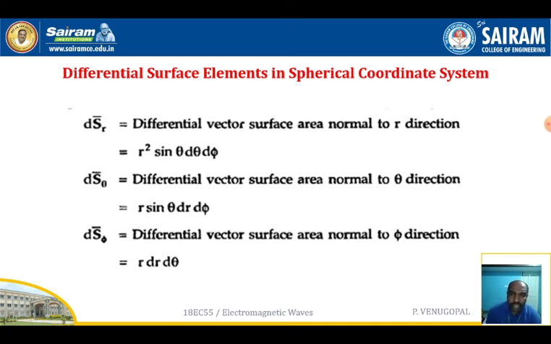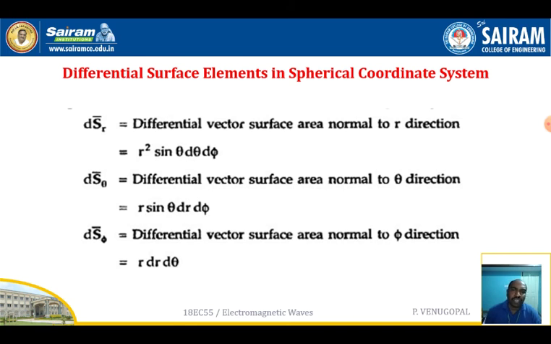See here, dear students, we have one more thing, the conversion. How to convert from the spherical coordinate system to the Cartesian coordinate system, or the Cartesian to the spherical. You know, in the Cartesian coordinate system x, y, z are the coordinates, but in the spherical coordinate system r, theta and phi are the coordinates.